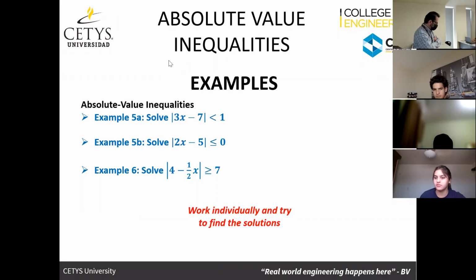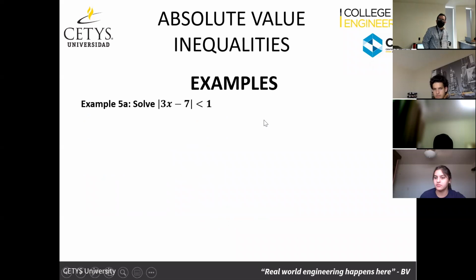Let's start off with the first one. So I've got the inequality, solve |3x - 7| < 1. And so what we're going to be doing there is first we identify the type of inequality that it is, that it's a less than inequality. And so what are we going to do to remove the absolute value? We're going to apply the theorems that we just talked about.